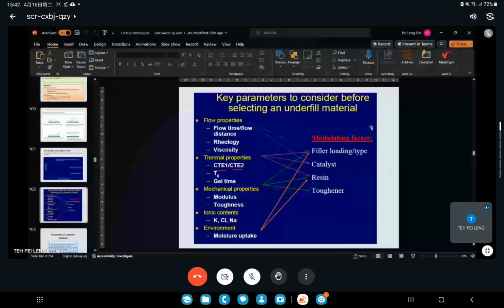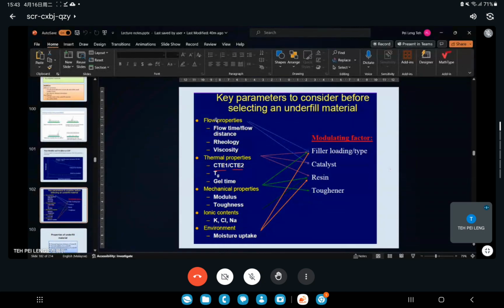Normally the supplier will give you a list of properties. As a polymer engineer, materials engineer, you must know that if the application is for underfill materials, the key parameters that you must consider are these five. The most important ones are these five.